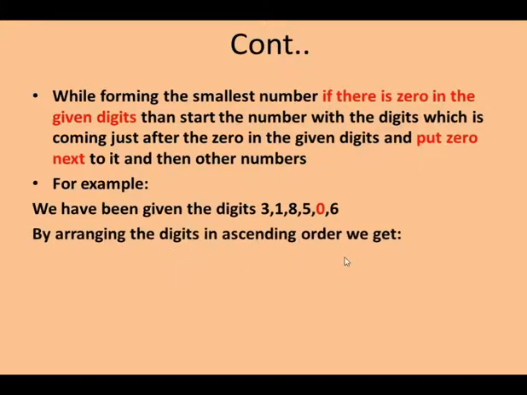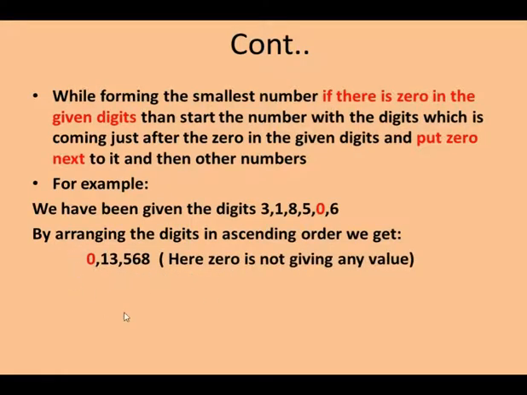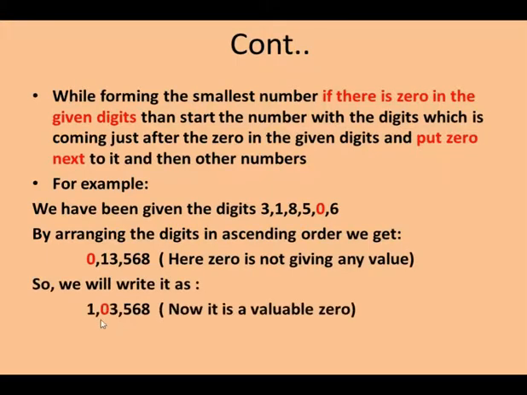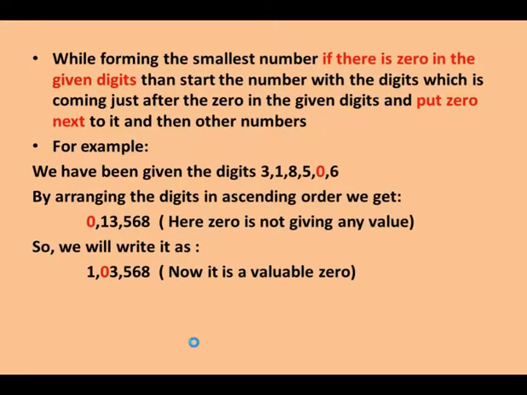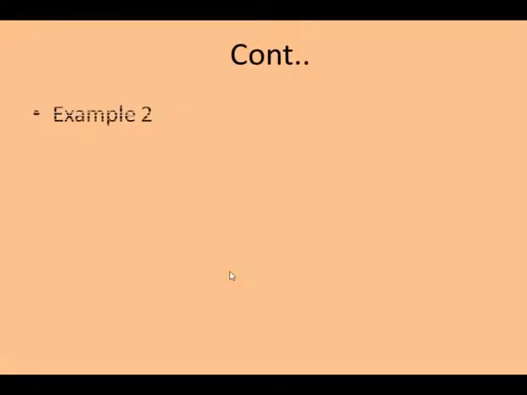By arranging the digits in ascending order, 0 is not giving any value at the start. So after 0 we have 1. So 1 will be taken first, then 0, and then the other numbers in ascending order. Now it is a valid number.